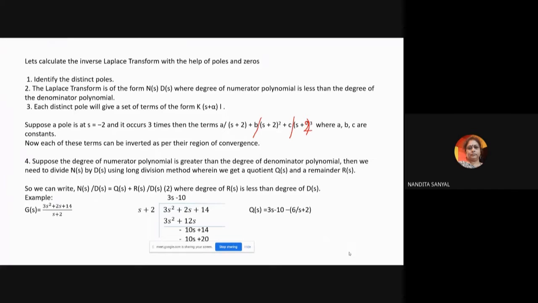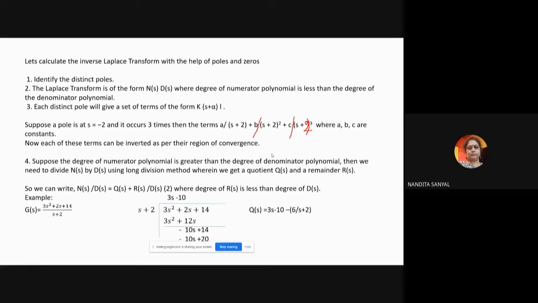Yes, sir. So, if there are multiple poles at a particular point, suppose at s equal to -2, multiple pole means the 3 poles come together at s equal to -2.